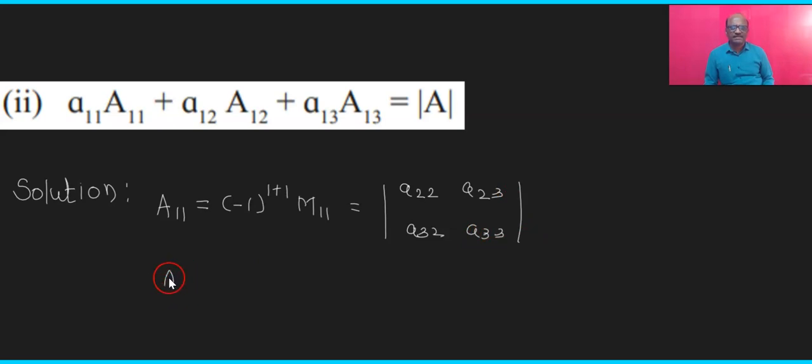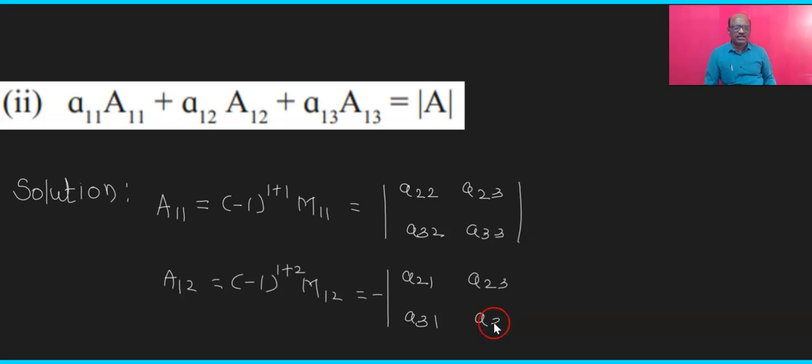Therefore the capital A12 is equal to minus 1 raised to 1 plus 2, capital M12, and for all it will be the minus a21, next is a23 and last is a31 and a33.